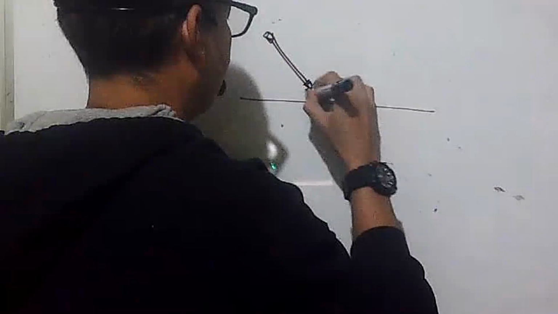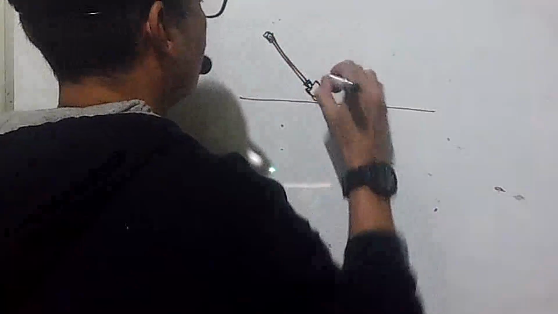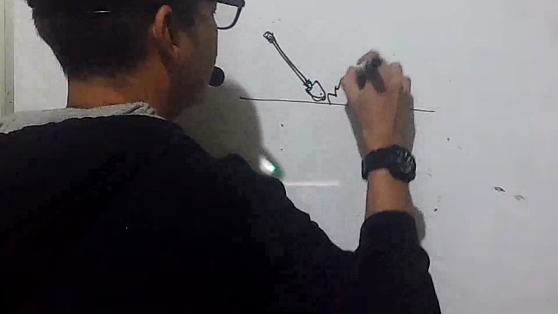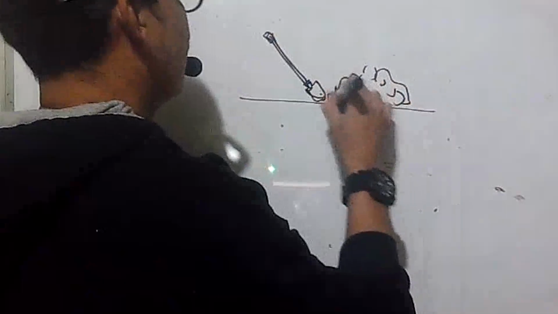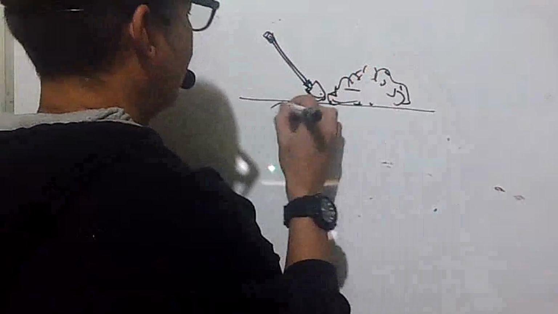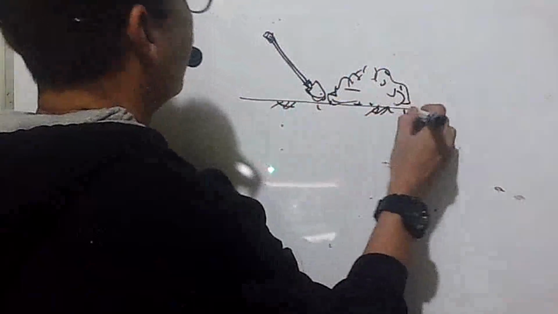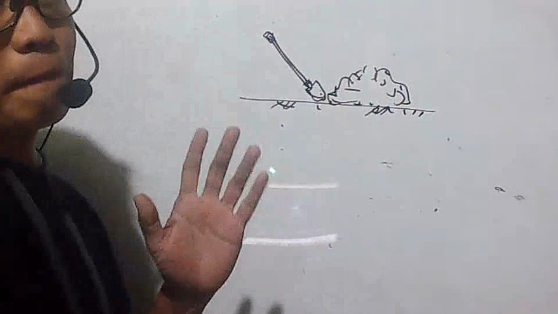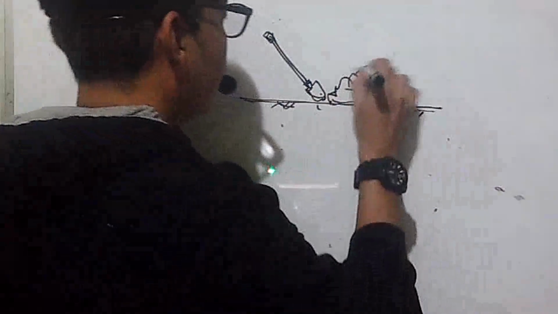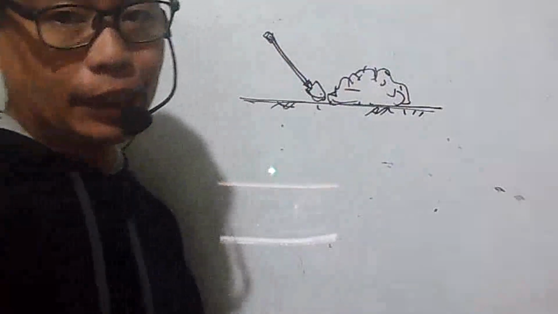Let's say it's like this, not quite straight. Then you have maybe mud, sand, or anything here. This is your ground. I think this is a big example that is commonly used to show you your mechanical advantage.